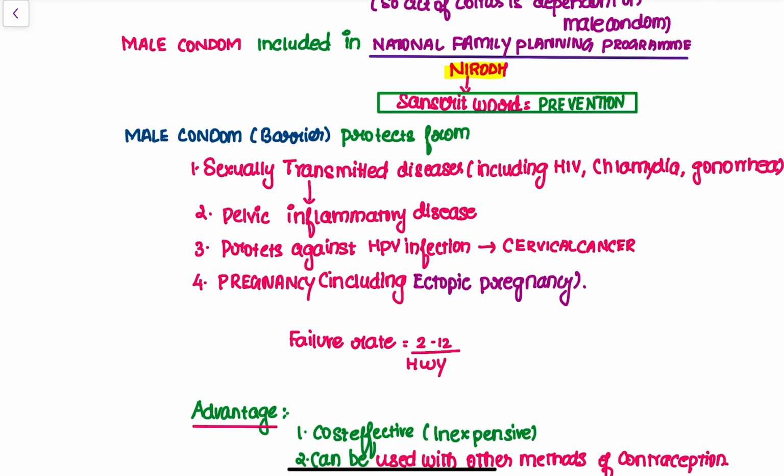If the chance for transmission of sexually transmitted diseases itself is decreased, then therefore, since sexually transmitted diseases are the most common cause of pelvic inflammatory disease, once there is no sexually transmitted disease, there is no pelvic inflammatory disease. So apparently the female partner is protected from pelvic inflammatory disease as well.